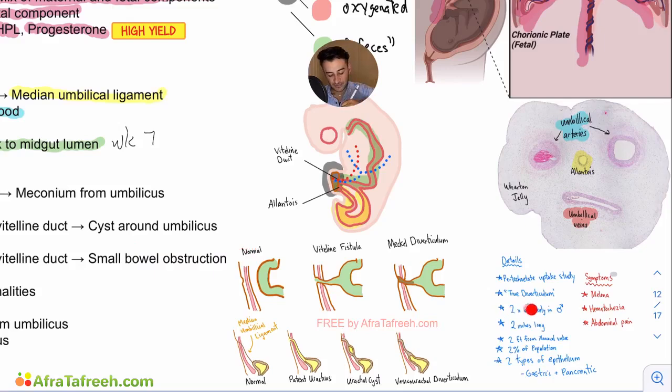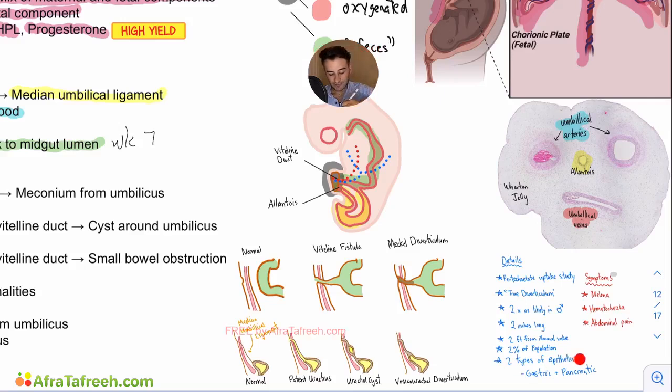It's going to be 2 times as likely in our male patients. They're going to be about 2 inches long, and they're going to be 2 feet from the ileocecal valve, and they're going to occur in 2% of the population, which I mentioned before. They're going to be the most common anomaly here in the GI tract.